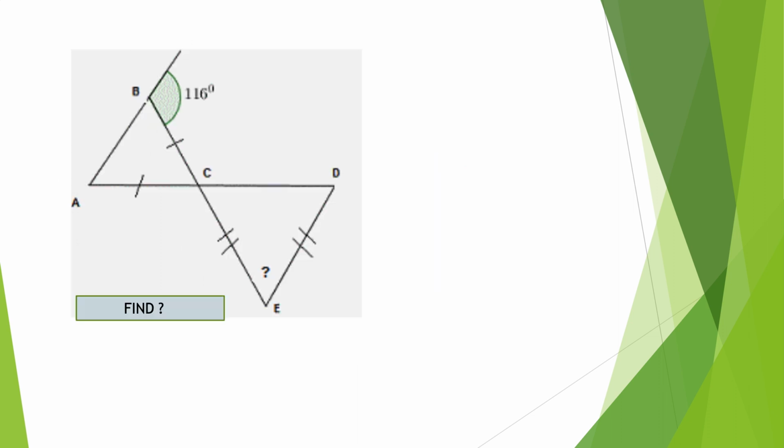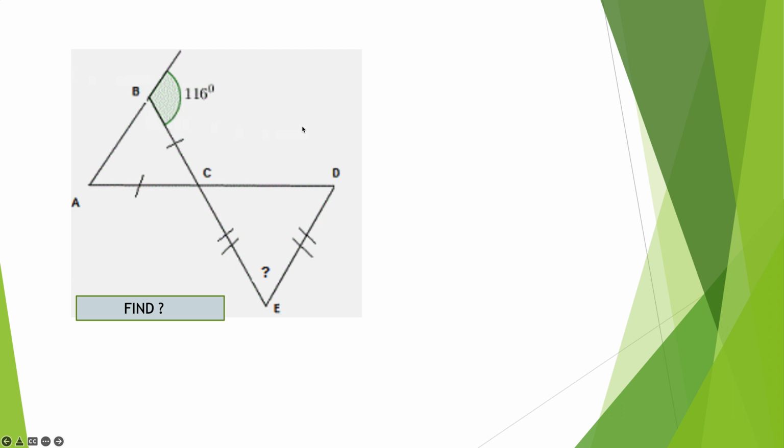Okay, in this one, find the value of the question mark. Notice there are multiple isosceles triangles there. Okay, so this angle up top here is 116 degrees, but it forms a linear pair with this angle underneath it here.